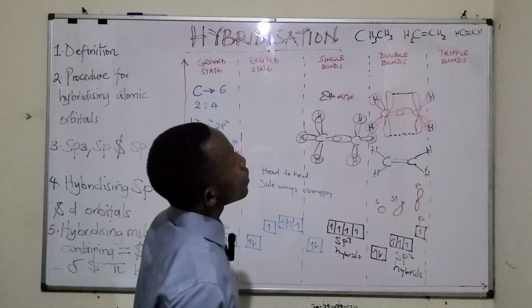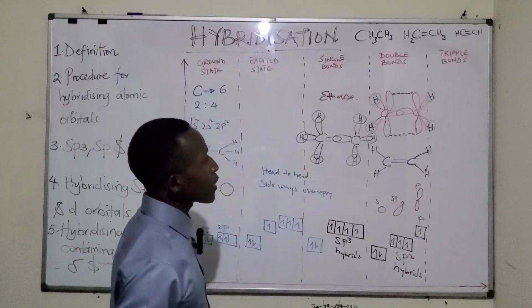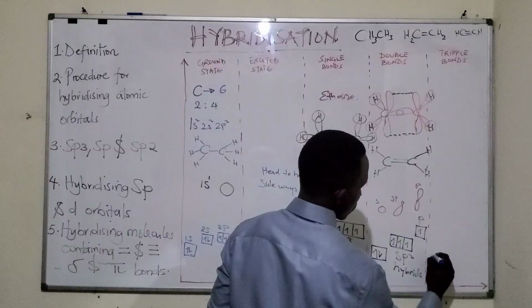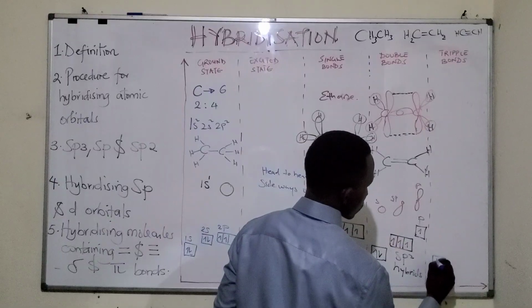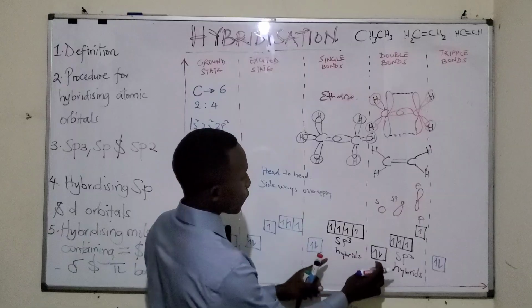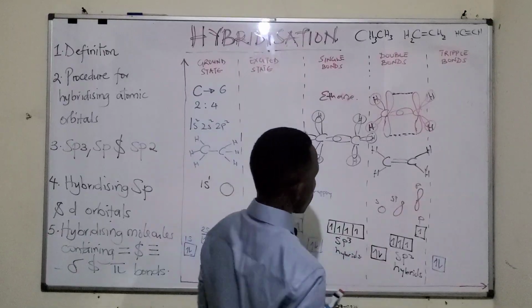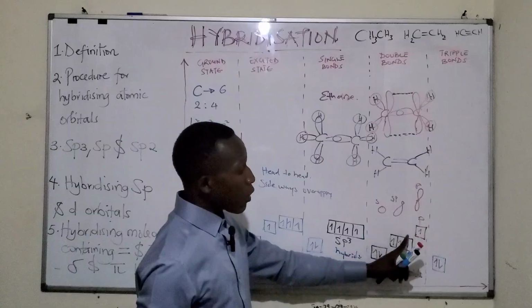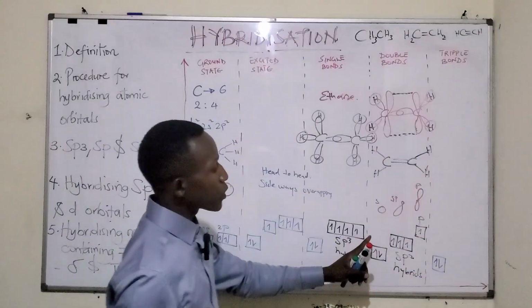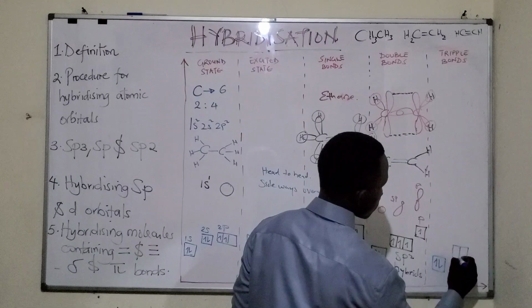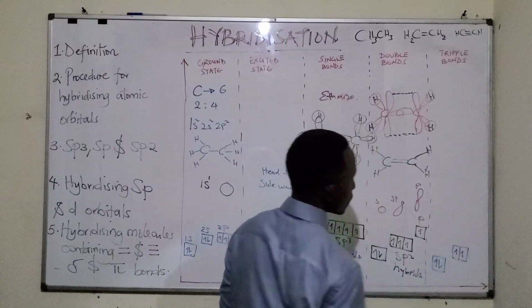Then for triple bonds, or for ethyne, at ground state we have this. For the 1s, it's like this. Then for the hybrids, we shall use only one p electron. So we shall have 1s and 1p hybrids.